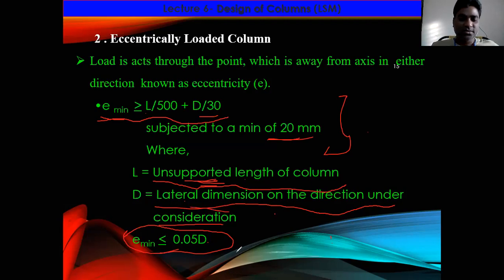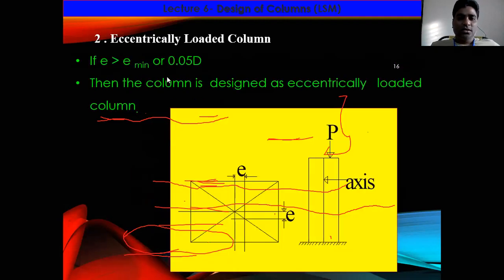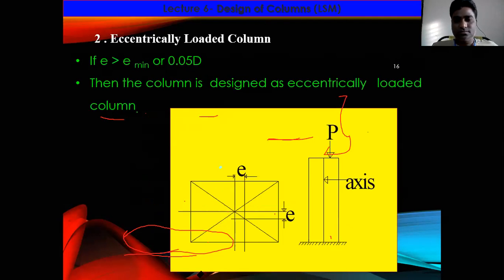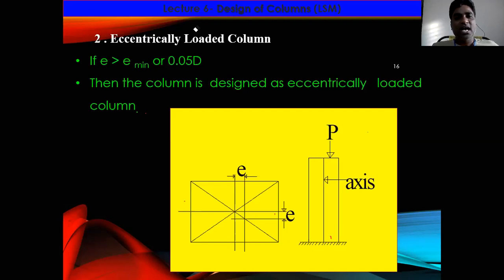I think we have discussed this. If e is greater than e minimum or 0.05 D, then we can design that column as an eccentrically loaded column. Otherwise, we can design it as an axially loaded column, right?